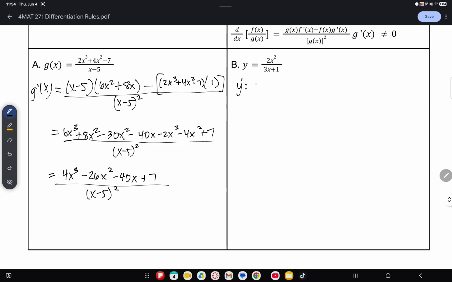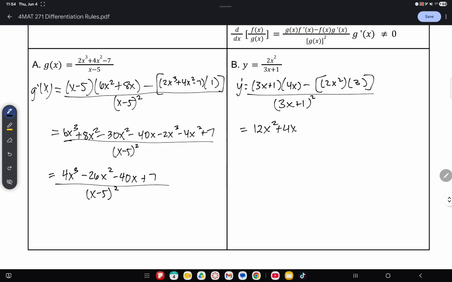So we've got low d high minus high d low all over low low. And then we'll simplify. So 12x squared plus 4x minus 6x squared all over 3x plus 1 squared.